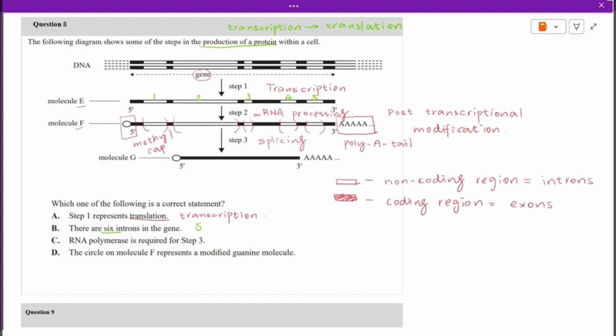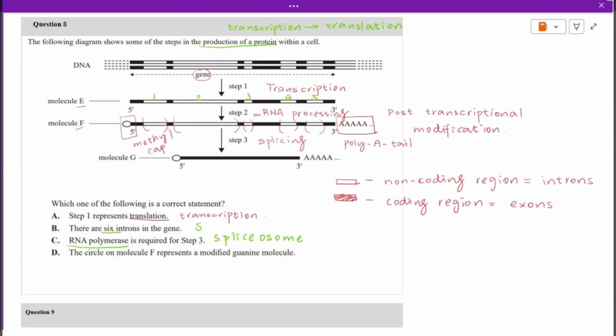What about C? RNA polymerase is required for step 3, which is not true because step 3 is splicing. Splicing requires the help of spliceosome. And RNA polymerase mainly facilitates the process of transcription. So it's helping to bind to promoter regions, bring complementary nucleotides, and so on.